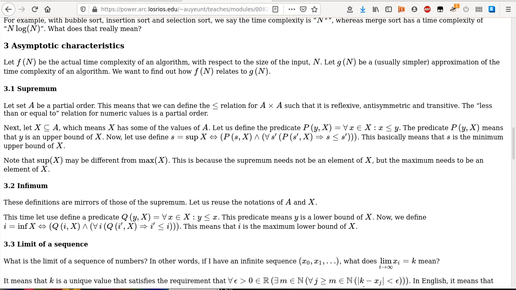Oh, that won't work. There we go. Nope. One more time. Publish. There we go.